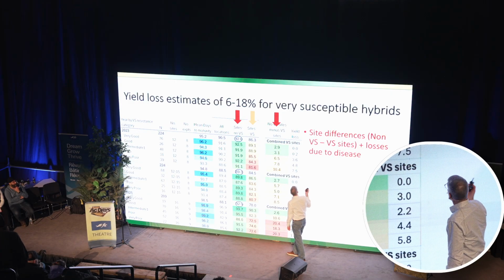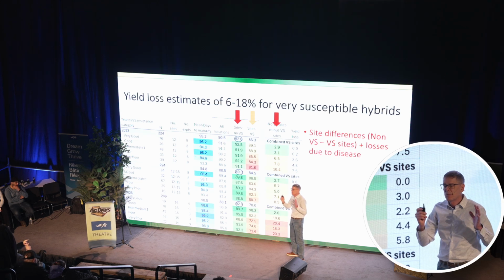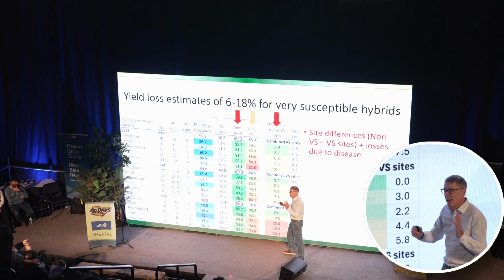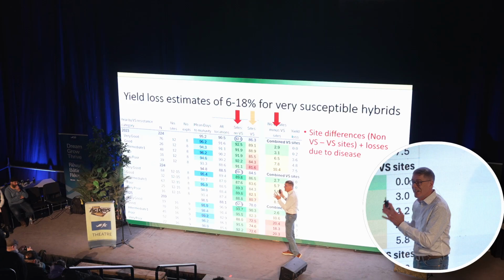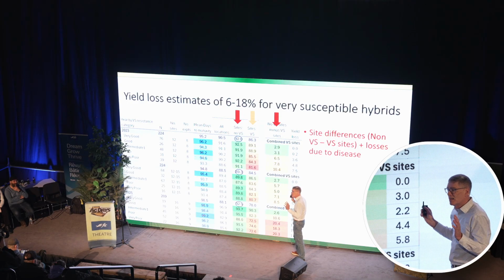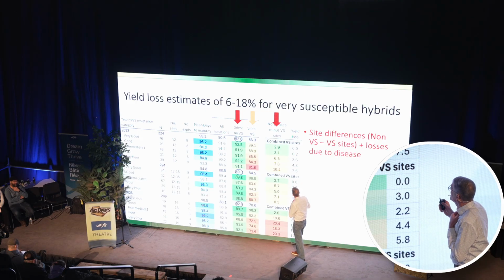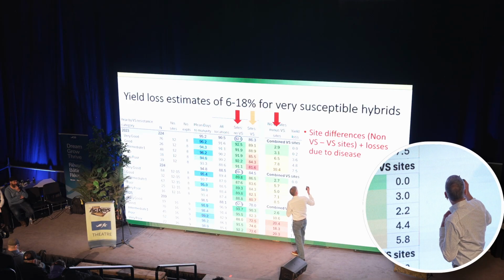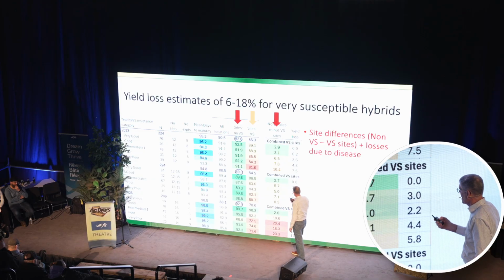And that represents the site differences between all the sites that didn't have verticillium and all the sites that did have verticillium. So there are some differences innately from those sites, separate from being resistant or having disease. So it includes the site differences plus the loss differences.